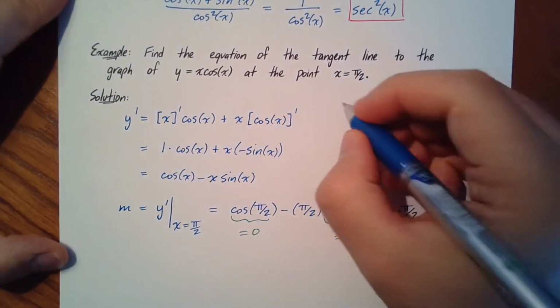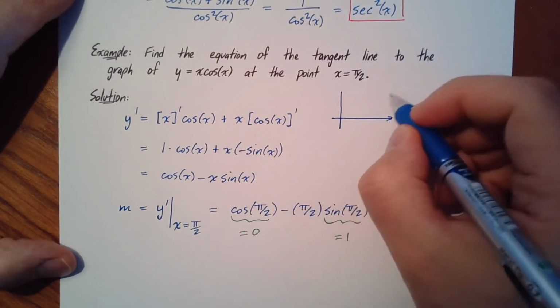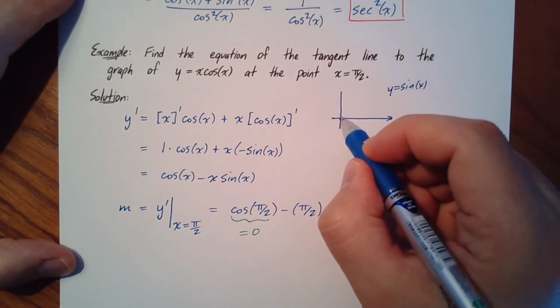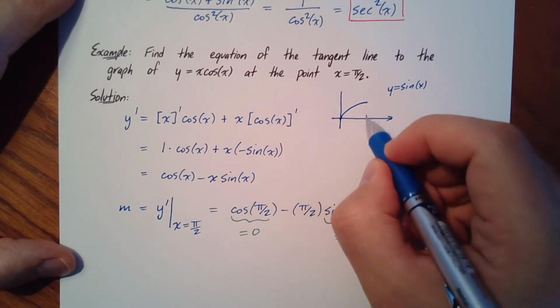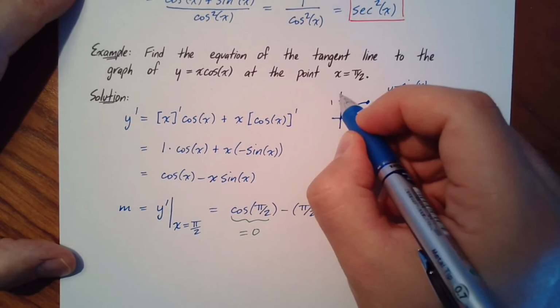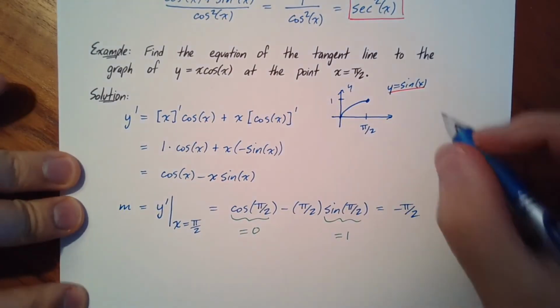Right, so I want to remind you, I'm not just pulling this out of nowhere. If you remember the graph of sine of x, right at pi over 2, that's where it hits its first peak of 1. So that's worth remembering. Remember the graphs of sine of x and cosine of x.